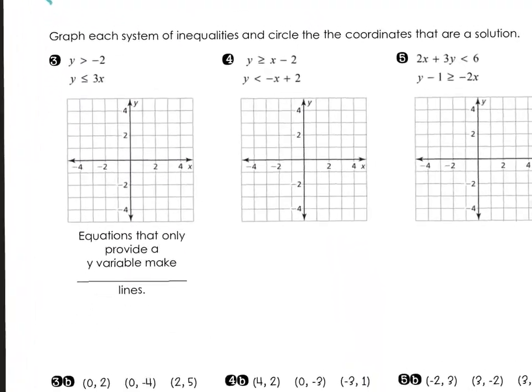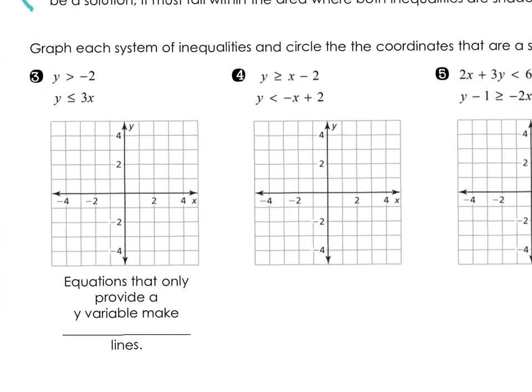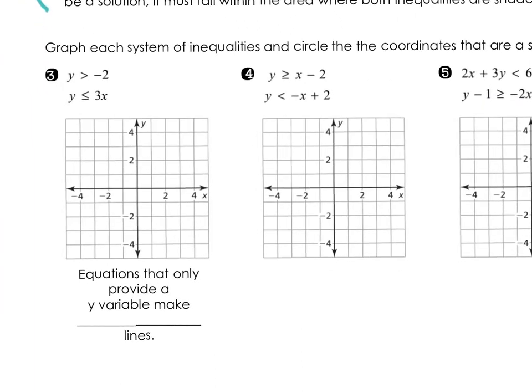Okay. So the first one we have says y is greater than -2. So if I'm talking about my y values, that's going up or down on my y-axis. So if it's -2, I'm just going to put a point right there. They want all the y values to be greater than -2.